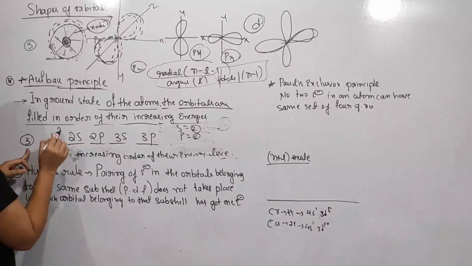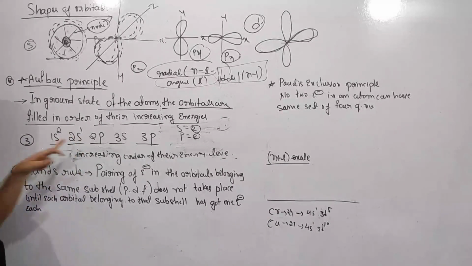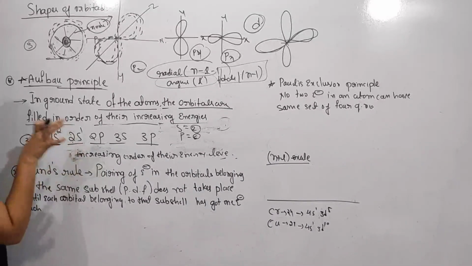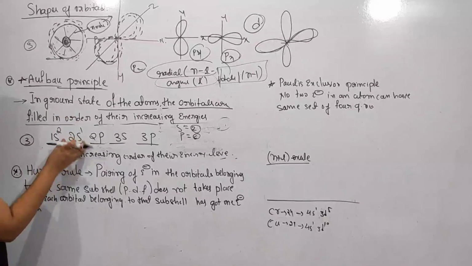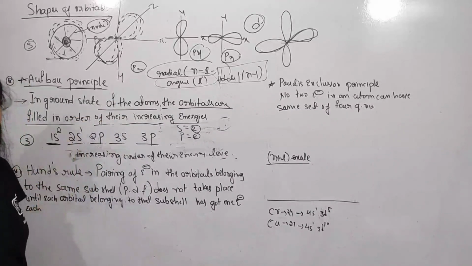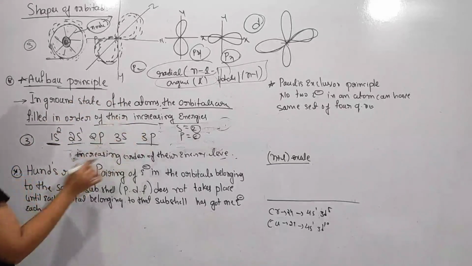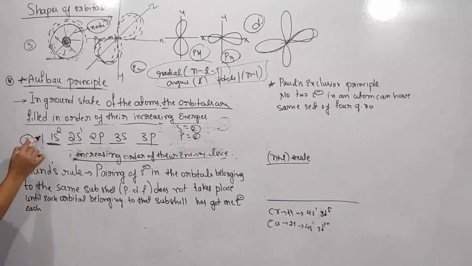First I fill the s orbital, and the remaining go into the second energy level. 1s has less energy than 2s. First electrons are filled in 1s, then 2s, then 2p, then 3s. Like this, electrons fill the orbitals in increasing order of their energy levels. This states the Aufbau principle.